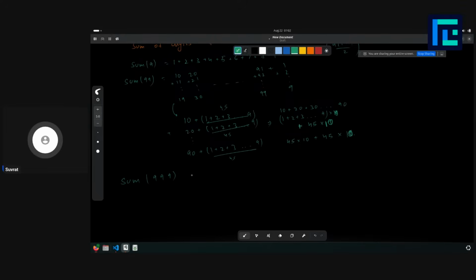Now let's try to find the sum till 999. So the sum till 999 would also be something like this. Basically, we will take 1 and 1, and then all 2-digit numbers will come here.